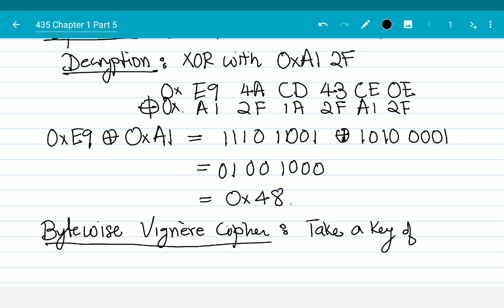Take L bytes, and just do the same process as shift cipher.